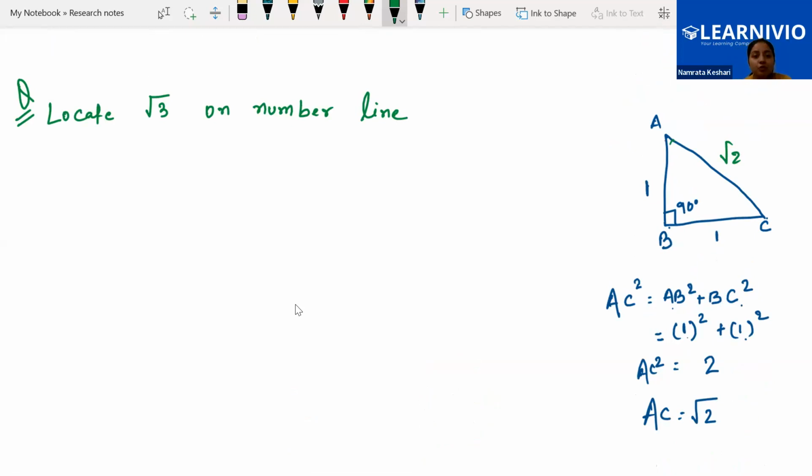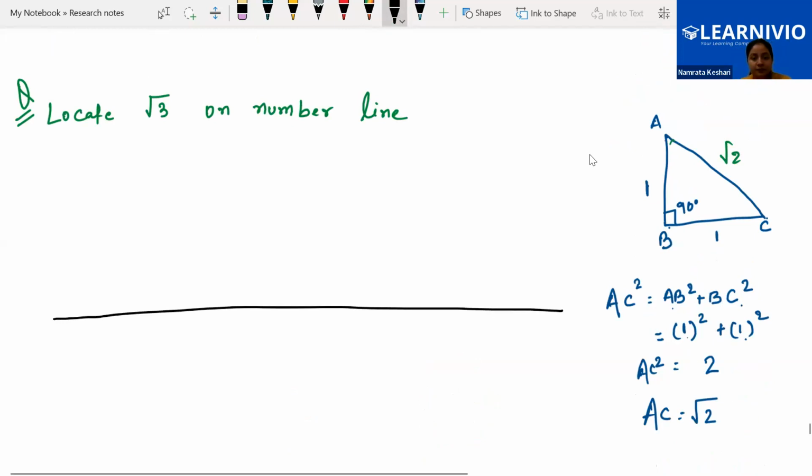So if we have to locate root 3, just see the process carefully. A number line. Here is 0, here is 1, here is 2, here is 3, just like that.